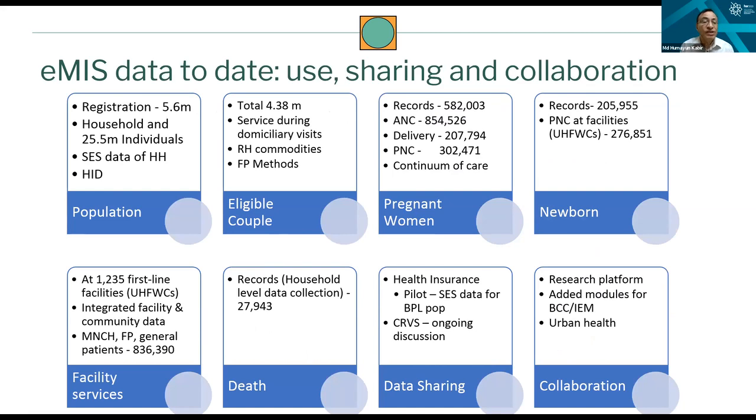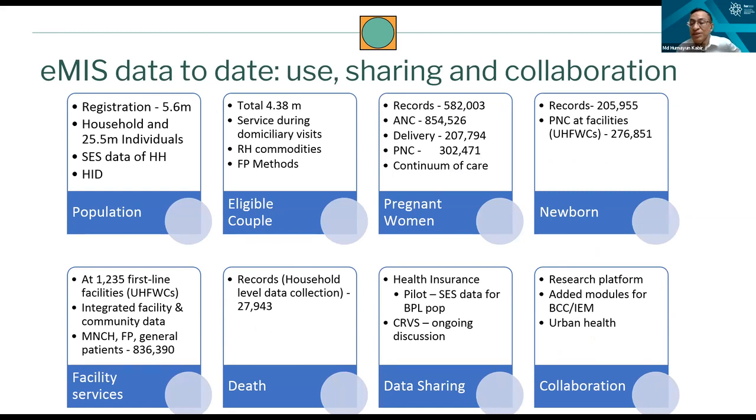I won't go into detail, but if you look at this, we have more than 25 million individuals in our database, and some of their records date back 5 years, for some 3 years. And we also have records of eligible couples.